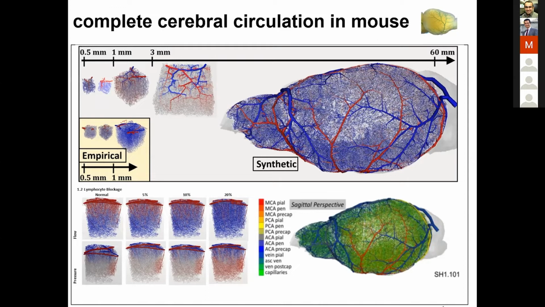So we name that the complete cerebral circulation in mouse, where we can then study the effects of, for instance, blockage. Here's an example which shows different images for increasing amount of blockage that is caused by lymphocytes. And we can see here very conceptually at least how the flow goes down from initially red, which means good perfusion. And as you get more and more blockage of the capillaries, you have more reduction in blood flow.